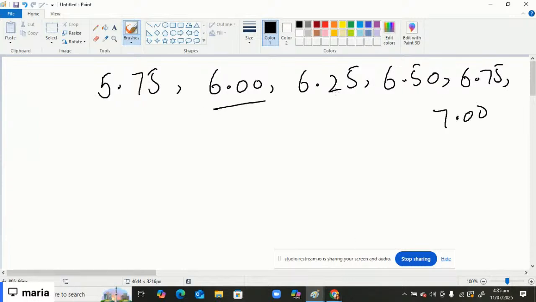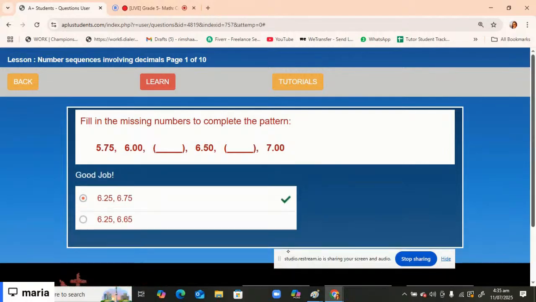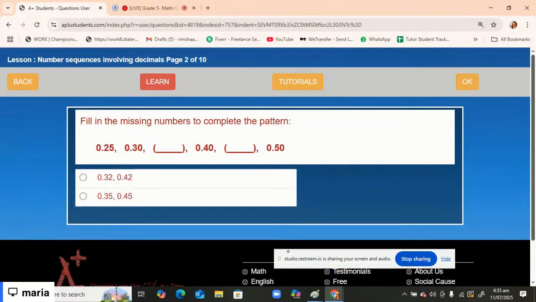So any number which is missing, we are going to write it here. So 6.25, 6.50, 6.75. Okay, hope you guys understand it. This is the right option.